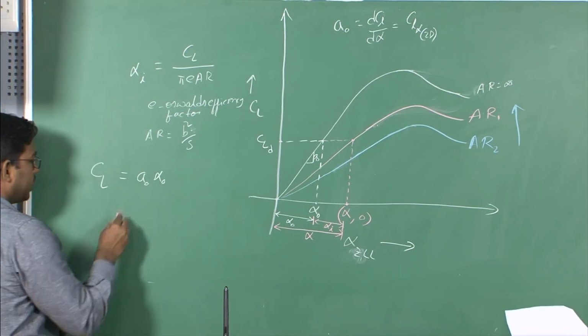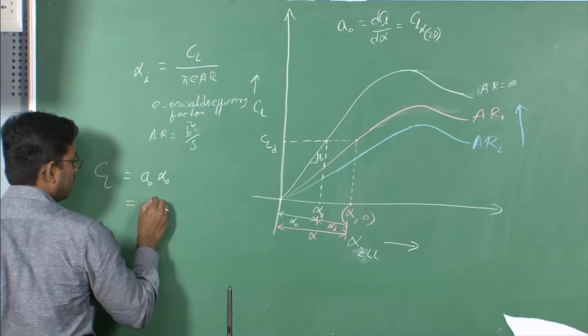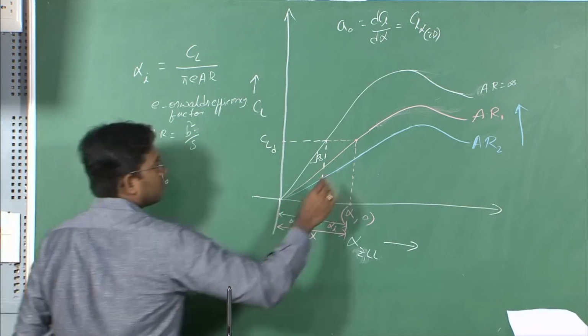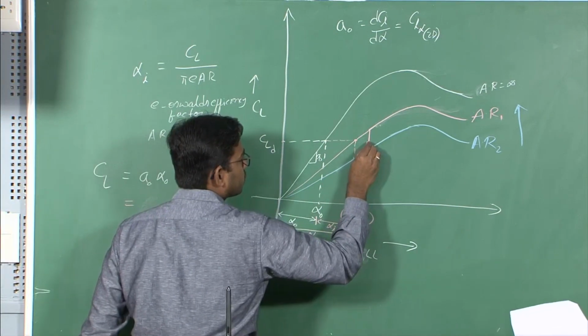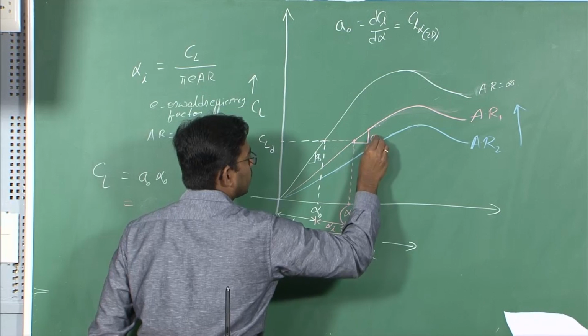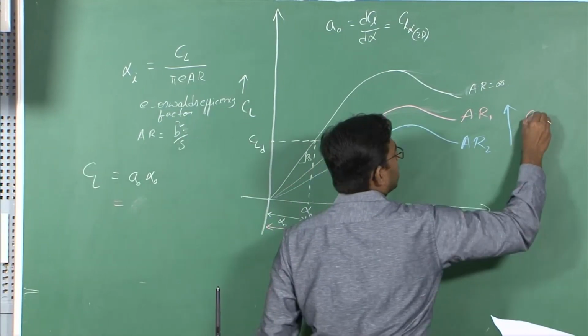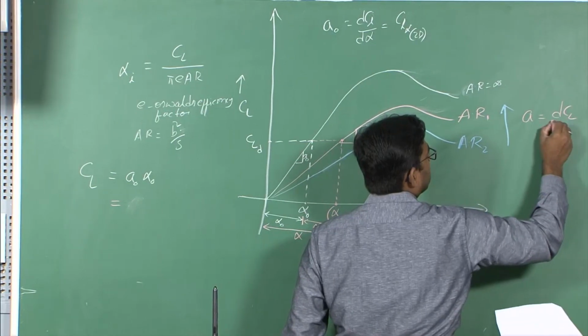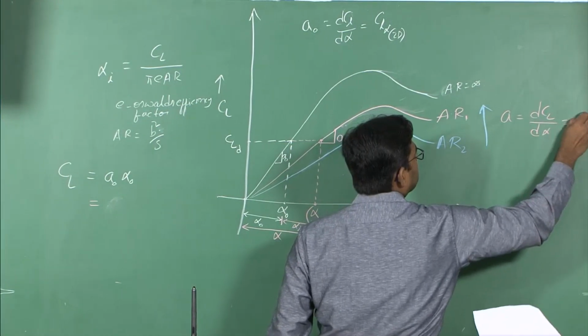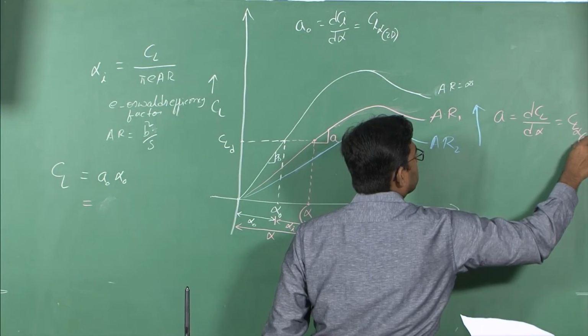The same CL I can achieve by the wing. Say A is the lift curve slope of this particular wing. Let A be the 3D lift curve slope, where A is equal to dCL by d alpha, this CL alpha 3D.